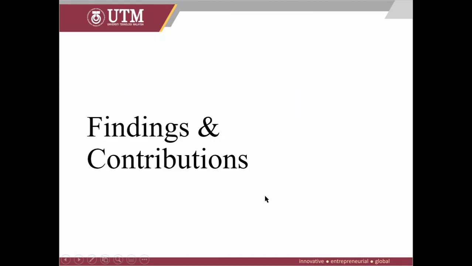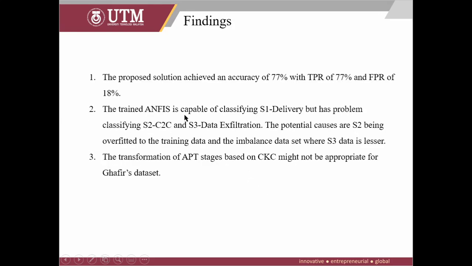So, the findings and contributions. What findings do I have? The proposed solution, this ANFIS APT detection system, achieves an accuracy of 77% with a true positive rate of 77% and a false positive rate of 18%.